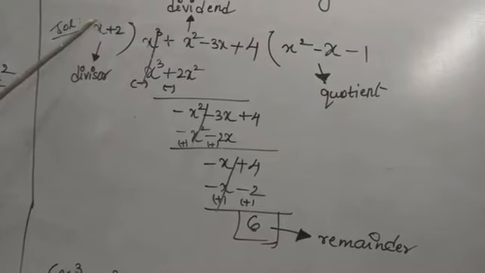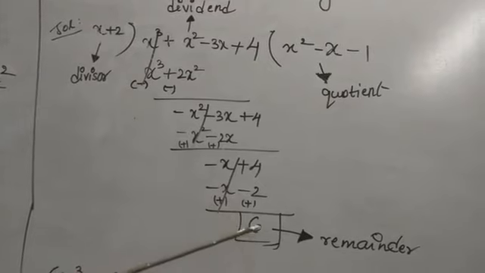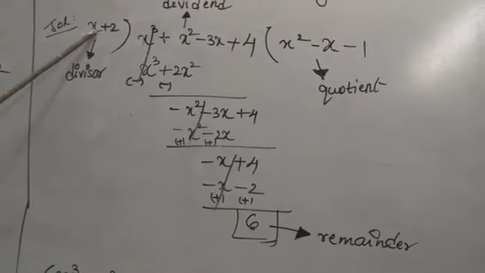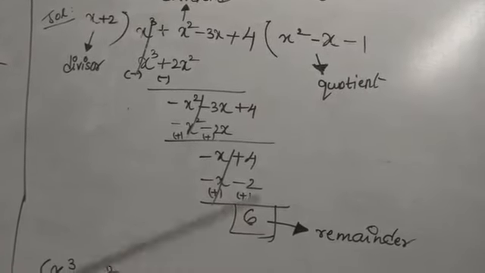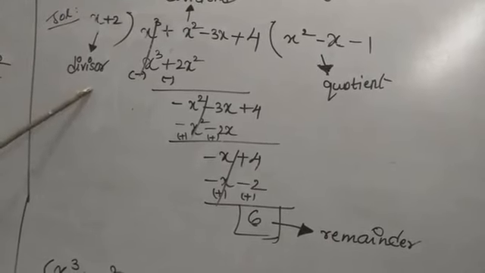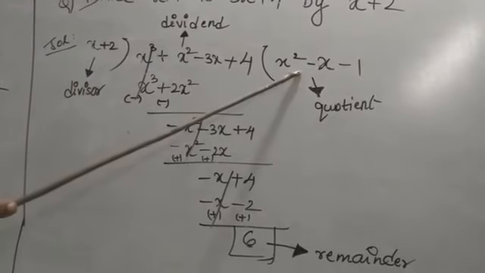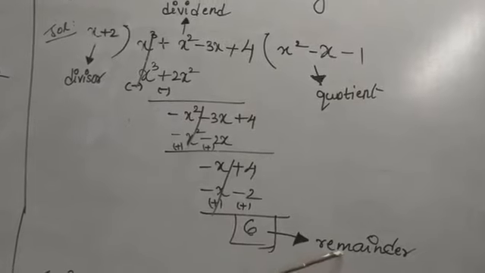And if you observe, the divisor x plus 2 is a linear polynomial, so the degree of the constant remainder is less than the degree of the divisor. So the division ends. Therefore, x plus 2 is the divisor, x cube plus x square minus 3x plus 4 is the dividend, x square minus x minus 1 is the quotient, and 6 is the remainder.